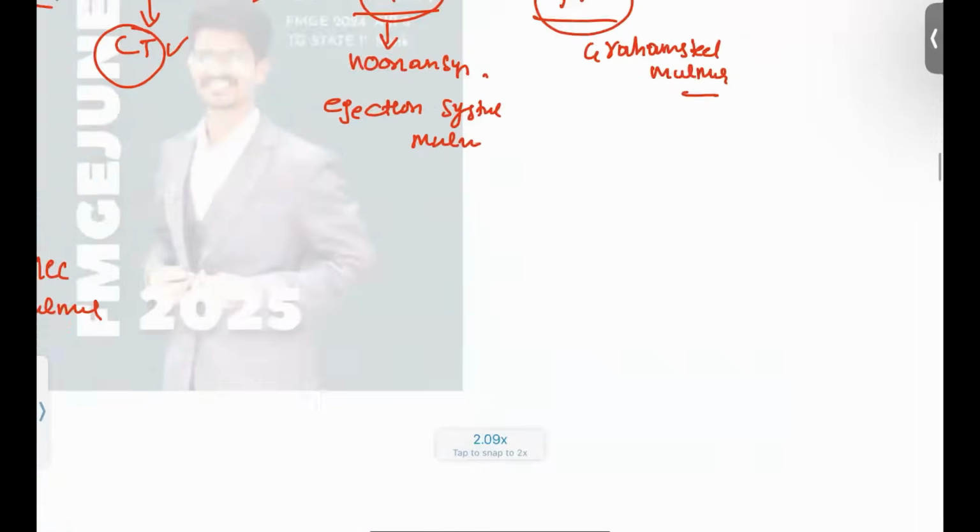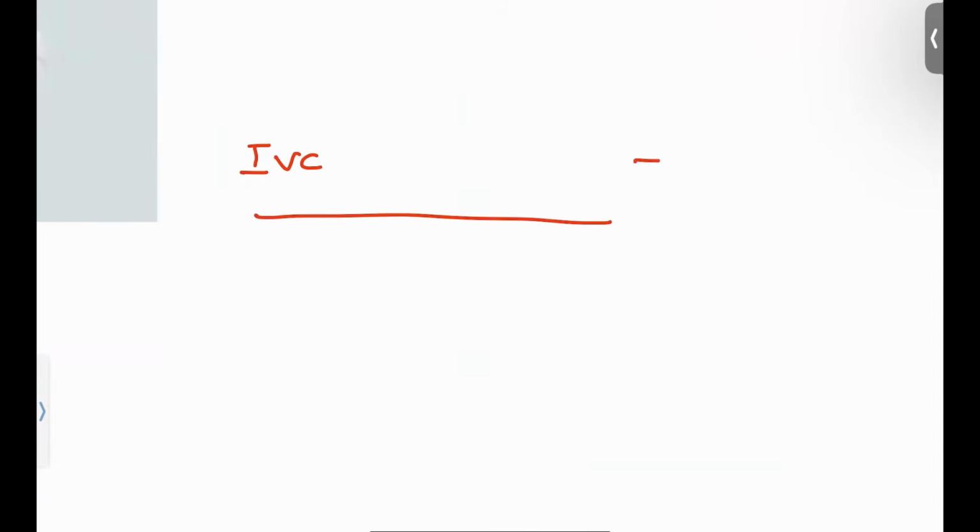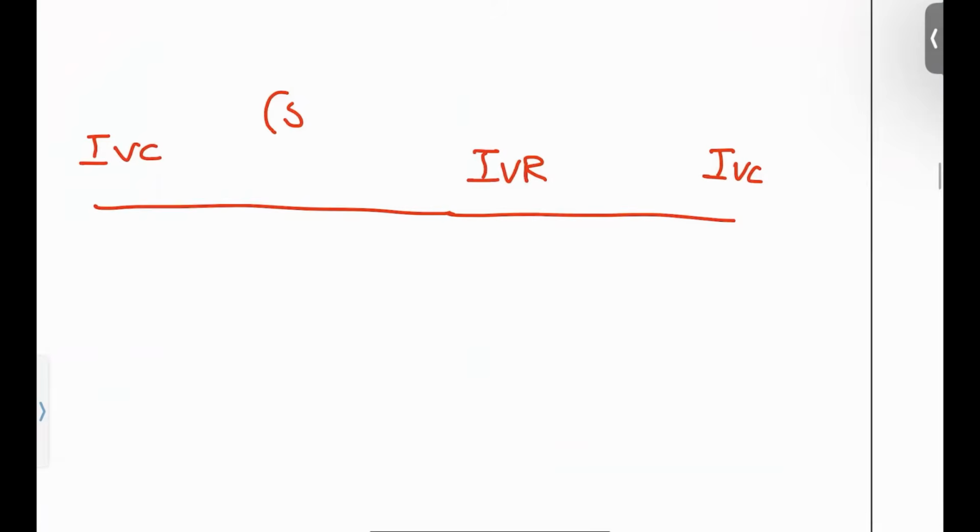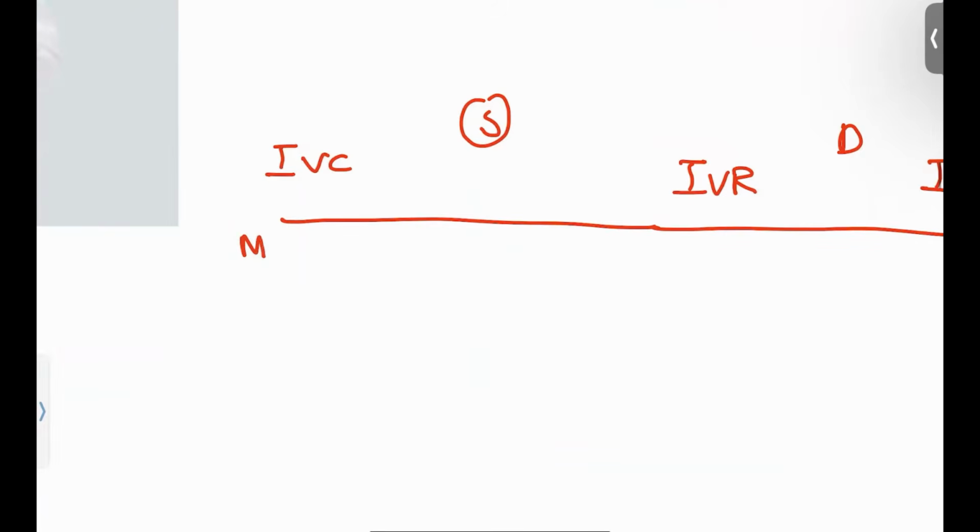So you may be confused so far about all these murmurs. Simply remember it like this. This is the isovolumetric contraction, followed by the isovolumetric relaxation, and again continued by the isovolumetric contraction. So this is your systole, and this is your diastole. Here the mitral and tricuspid valves are closed, and the aortic and pulmonic valves are open.